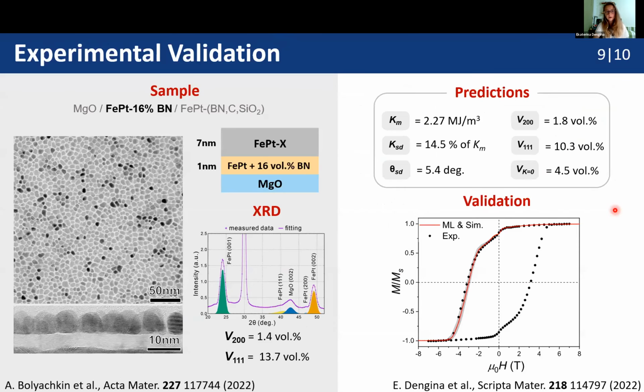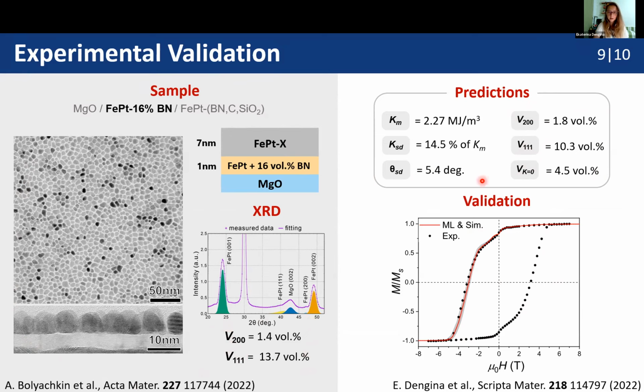And after that, we carried out an experimental validation of our machine learning model on one of the samples that is shown here. So using its experimental curve, which is shown here in black dots, we predicted 6 parameters. These were the values of these parameters. You can see that the predicted values of some defects were in good agreement with the parameters that were obtained by X-ray synchrotron diffraction.